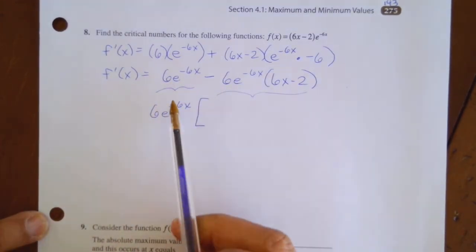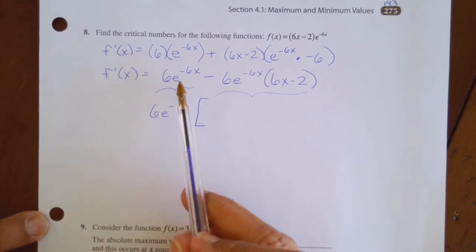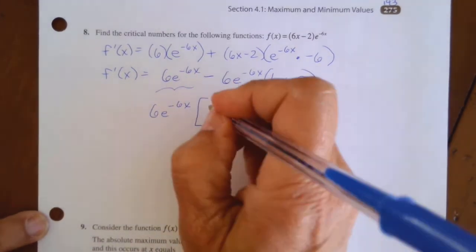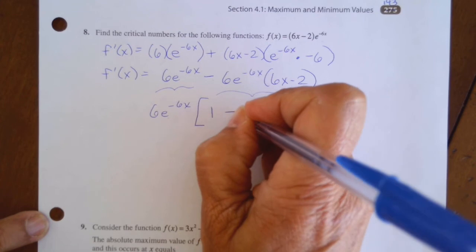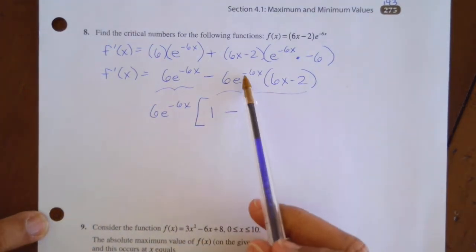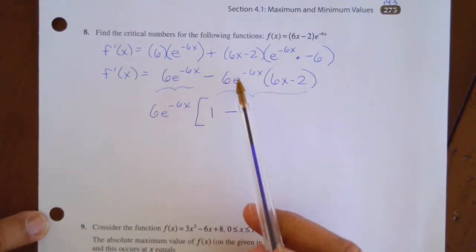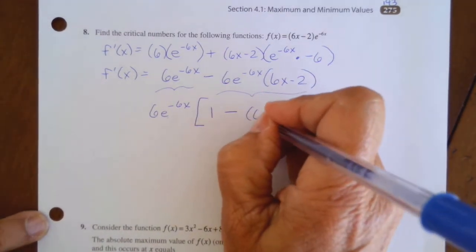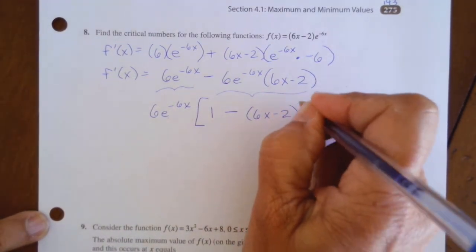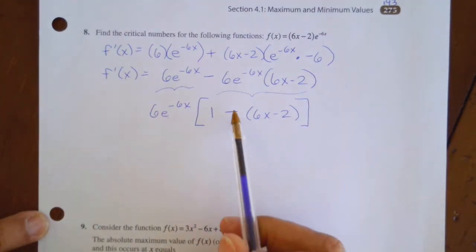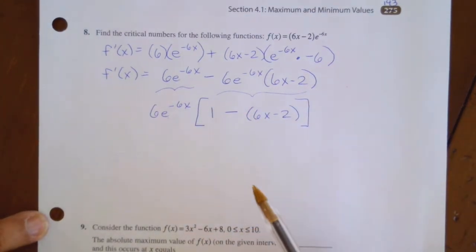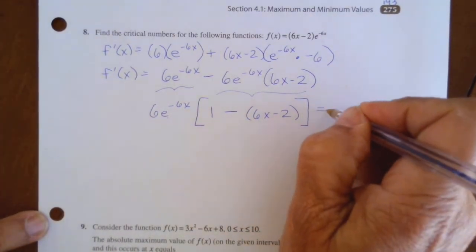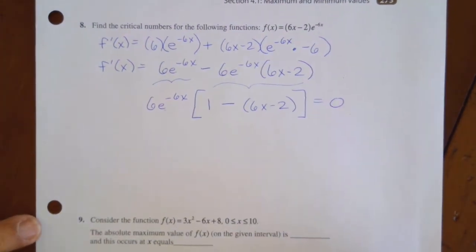okay? So if I take 6e to the negative 6x out of this term, that leaves me 1 minus, and if I take the 6e to the negative 6x out of this term, it's going to leave me 6x minus 2. And I put that in brackets and parentheses because that minus sign is going to have to distribute through here. So this is what I want to set equal to 0.